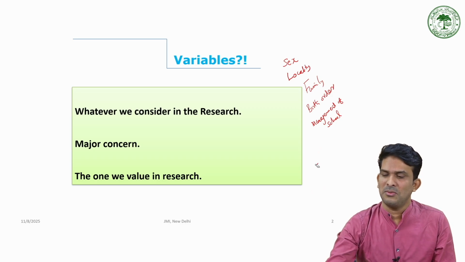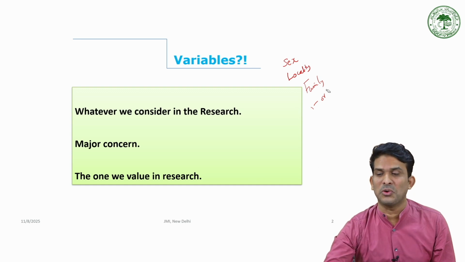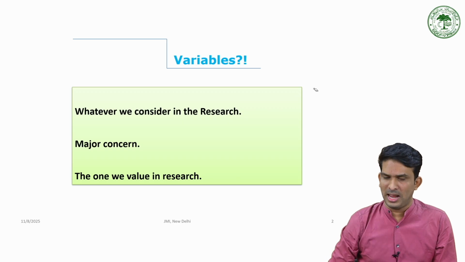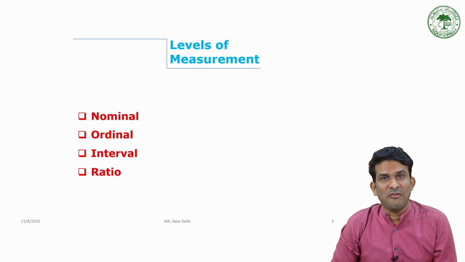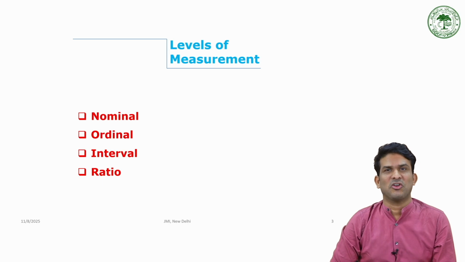Right, now you got an idea about variables. Another significant aspect of a variable is the levels of measurement.